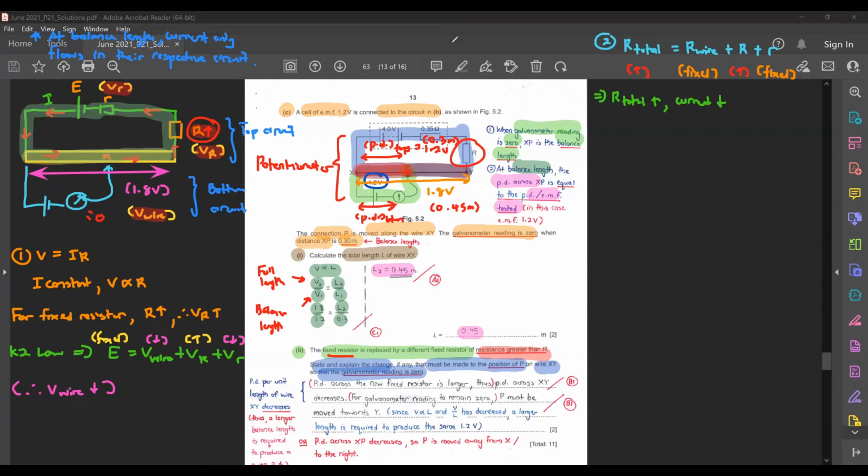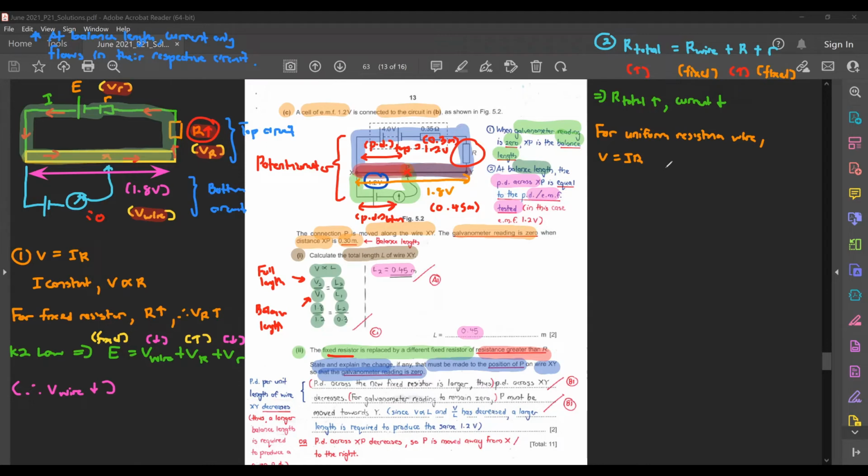All right. And then from there, if you just specifically apply V equals IR for the uniform resistance wire, let me just write it here. For the uniform resistance wire, if you apply V equals IR to the wire itself, there's one thing you can say about its resistance.